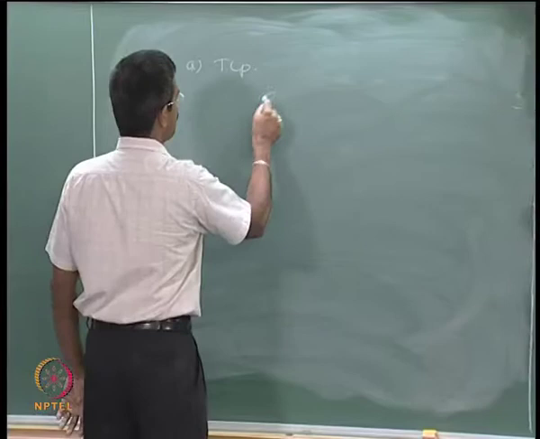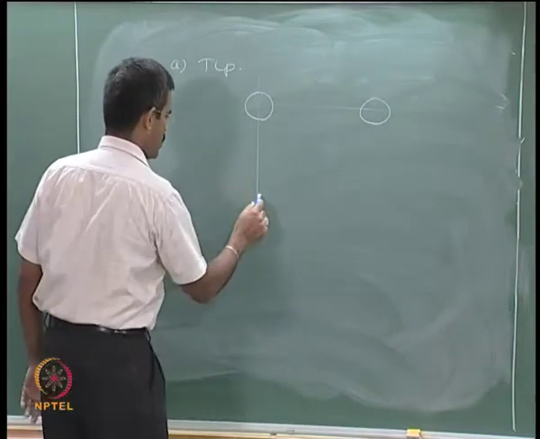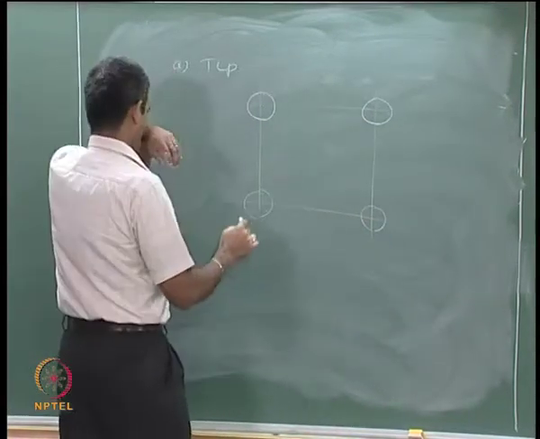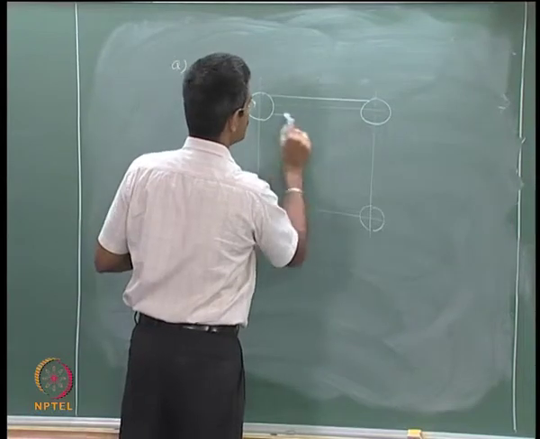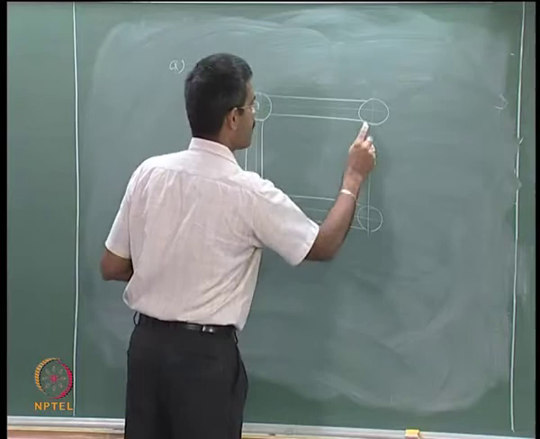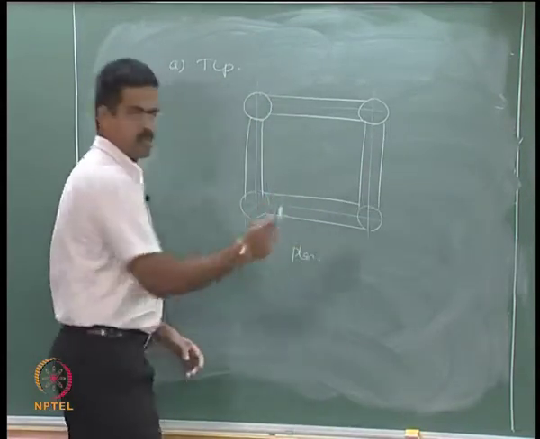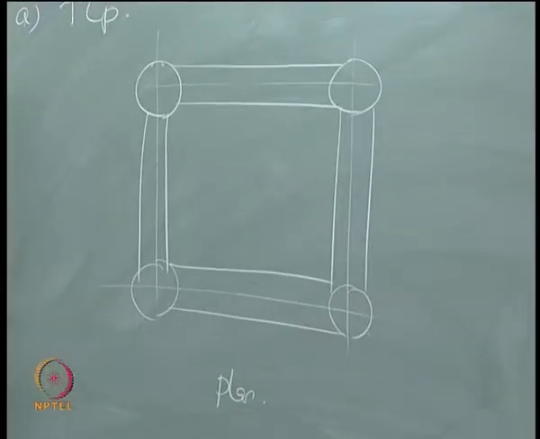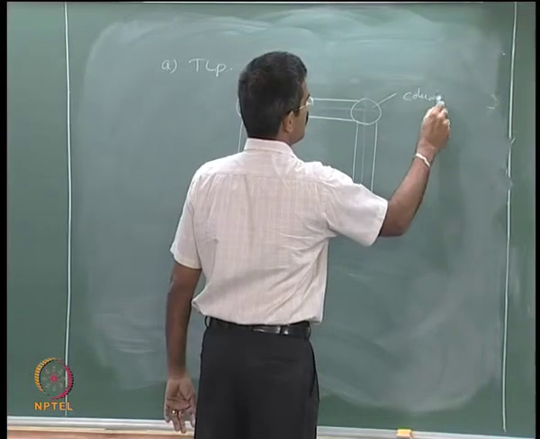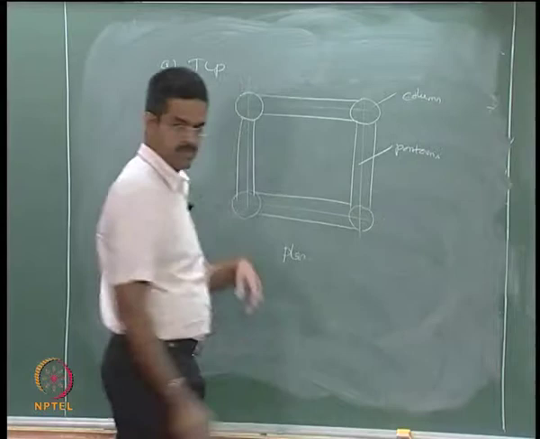The plan of a TLP, as we all know, has column members and pontoons.